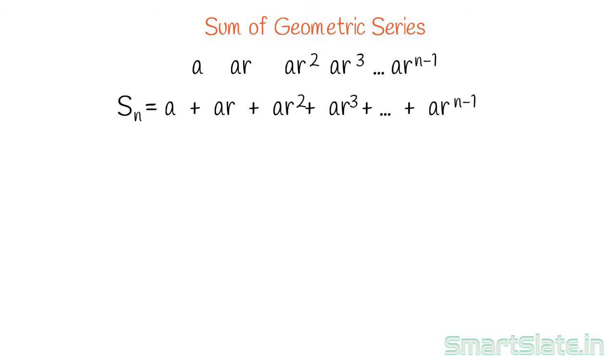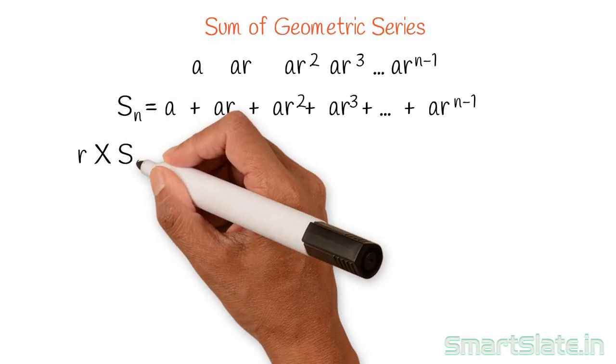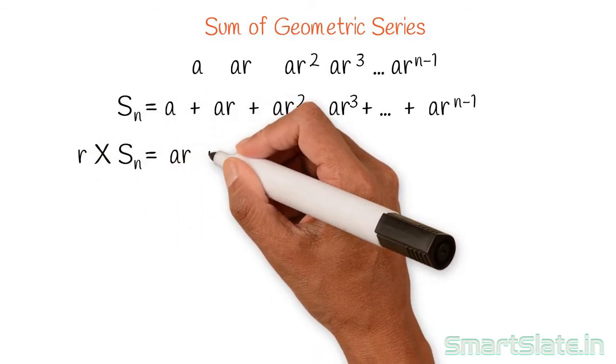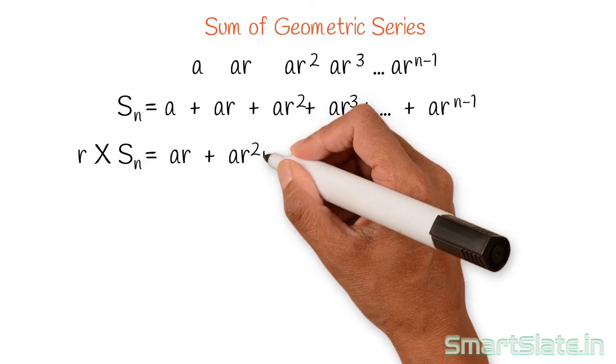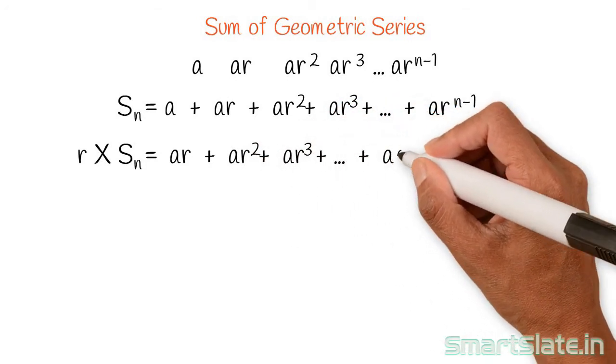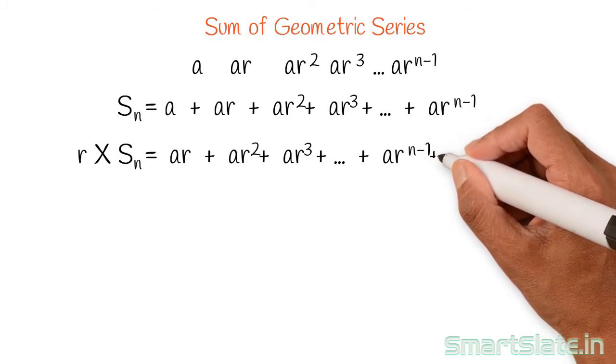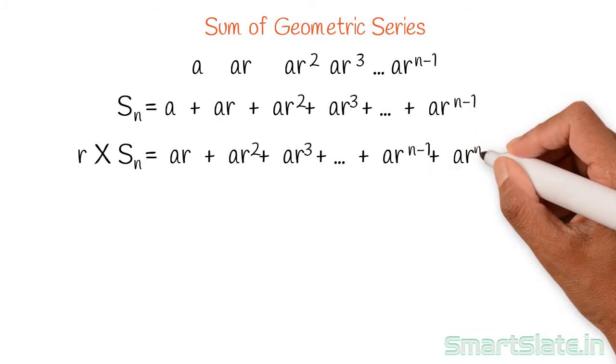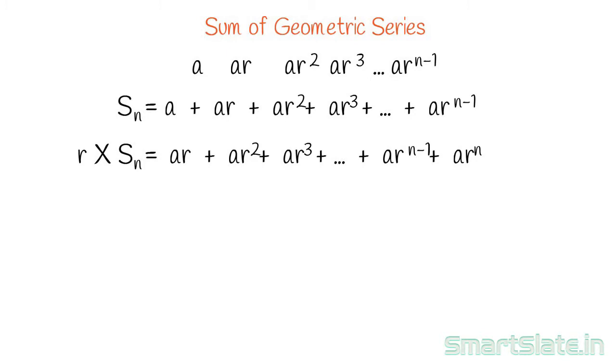Multiplying this series by R, we get R into Sn equal to AR plus AR square plus AR cube and so on, A into R to the power n minus 1, and the last term would be plus AR to the power n.